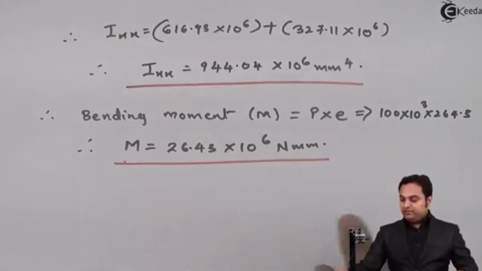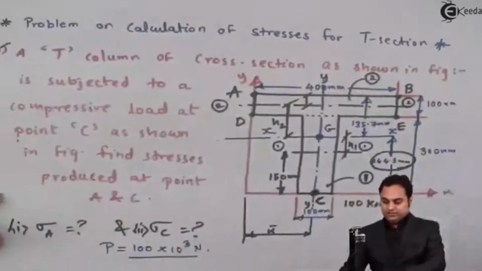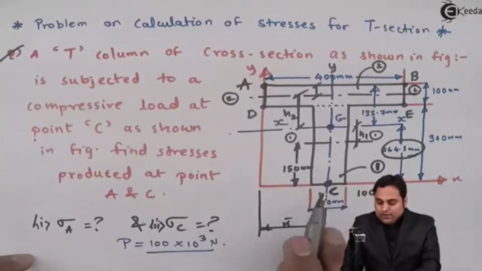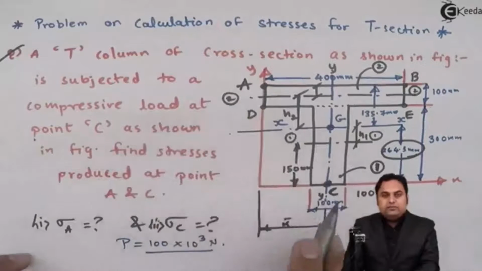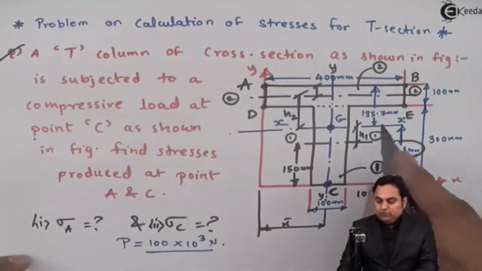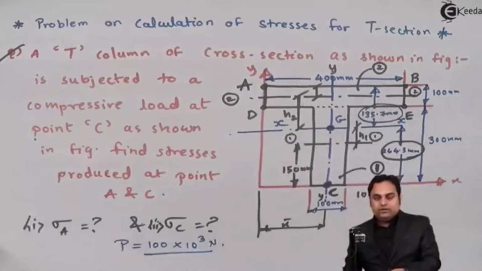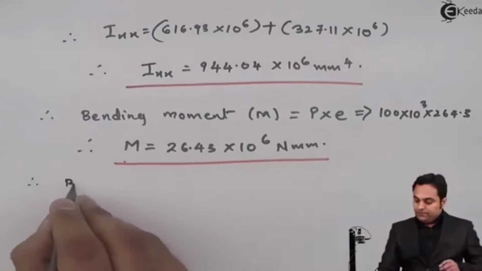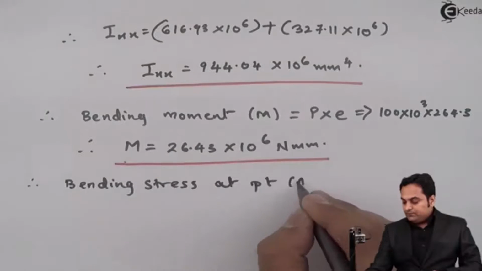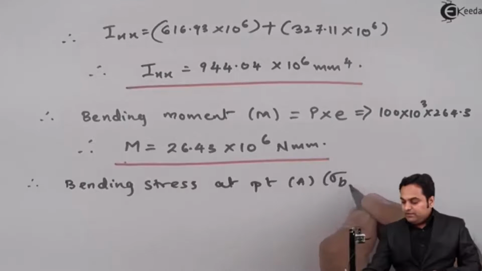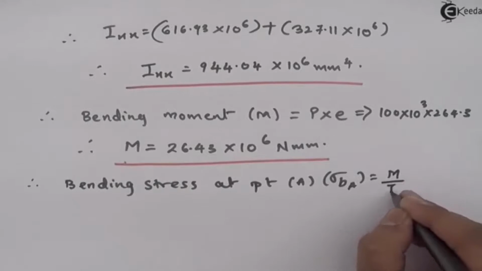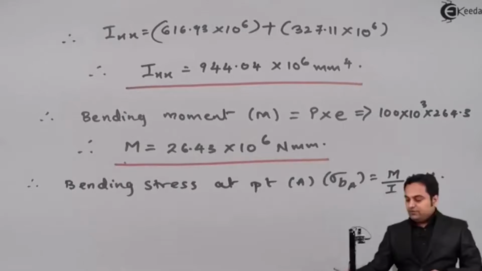Now, after getting the bending moment, as I see in the question, there are two things asked: stress at point A and stress at point C. For that, we would require individual bending stresses, because the magnitude of bending stress will change depending on the value of y bar. So therefore, bending stress at point A, sigma B A, is equal to M upon I into y, and this formula comes from the flexural equation.